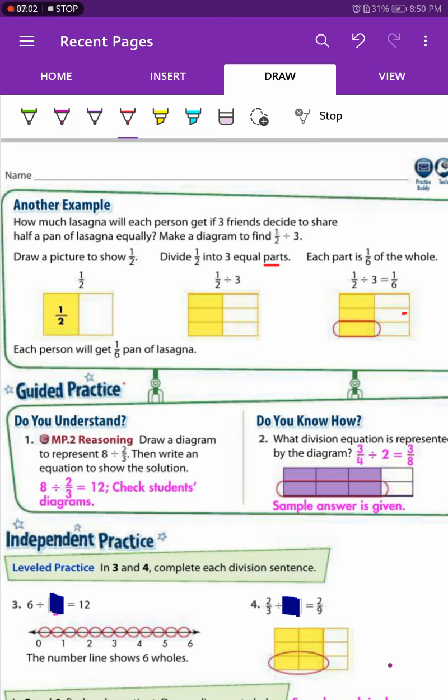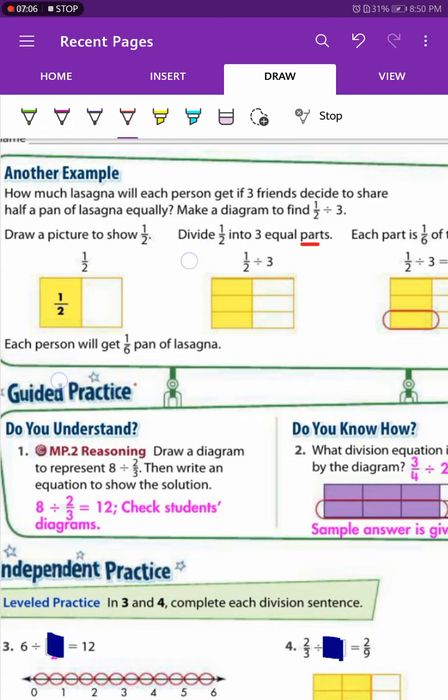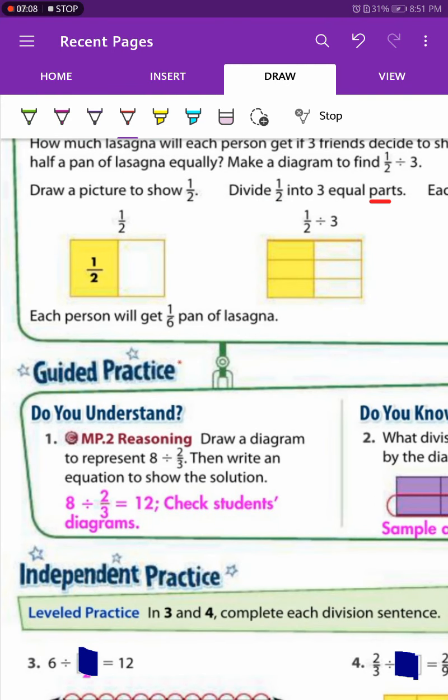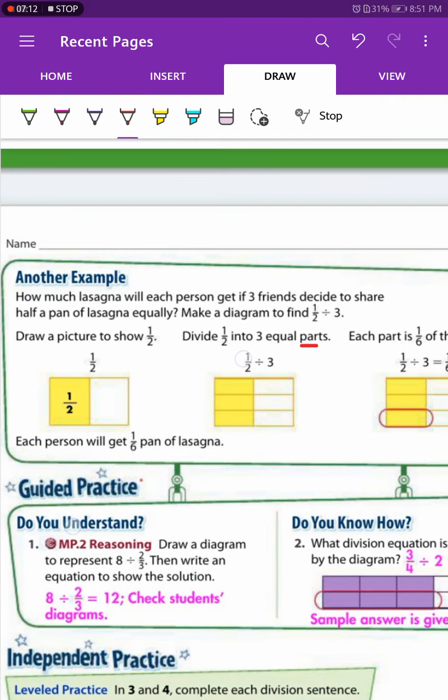Make a diagram to find 1/2 divided by 3. See, this is 1/2. Remember, it is 1/2 divided by 3.